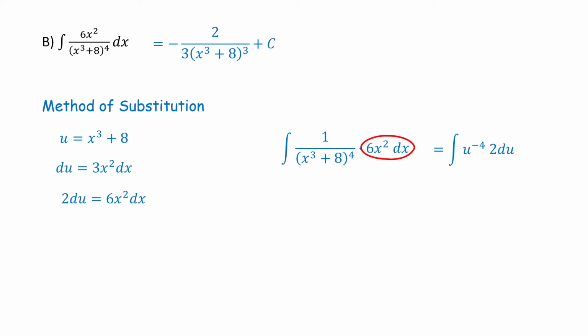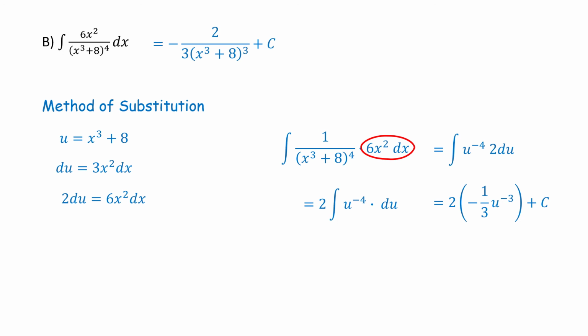Using properties of integrals, we'll move the constant 2 to the outside of the integral symbol. And you have 2 times the integral of u to the negative 4 du. Using the power rule for integration, that is, you add 1 to the power and multiply by 1 divided by that same number, you'll have 2 times u to the negative 3, because you're adding 1, then you have 1 divided by negative 3 plus c.